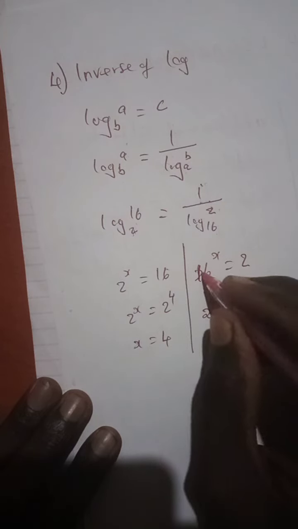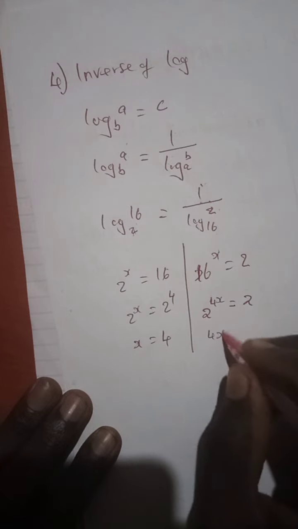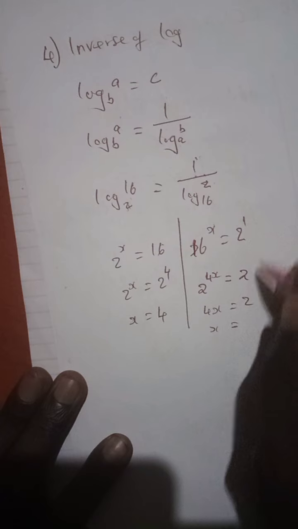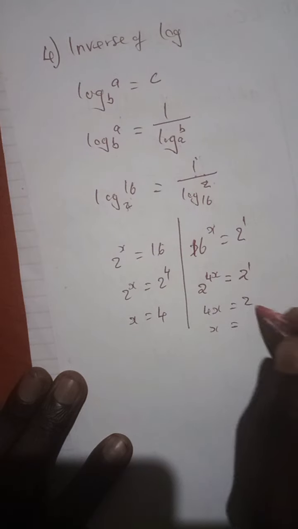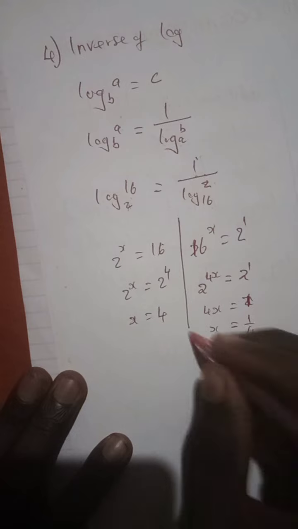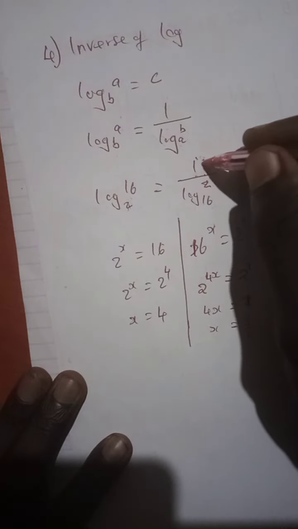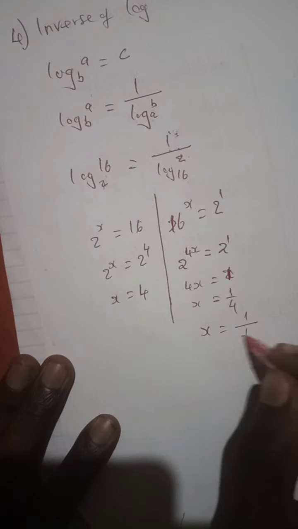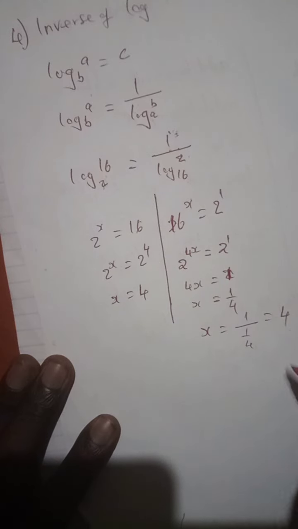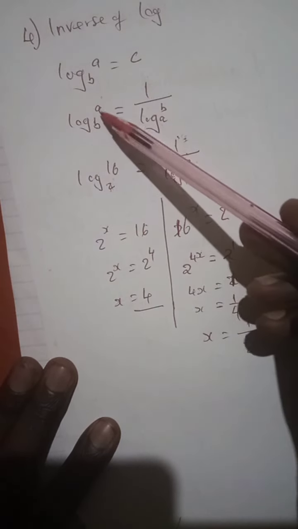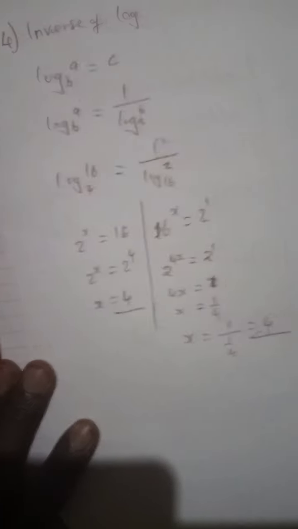So 4x is equal to 2, which means x is equal to 2 raised to 1, that is 2 is equal to 1. Therefore, x is equal to 1 over 4. Carrying the inverse that we left, it becomes 1 over 1 over 4, which is the same as 4. So this one and this one are the same, which confirms that this inverse is a right trick.